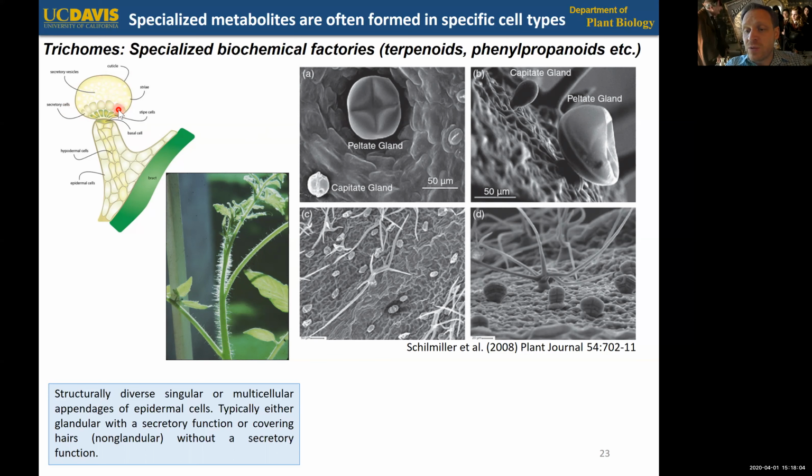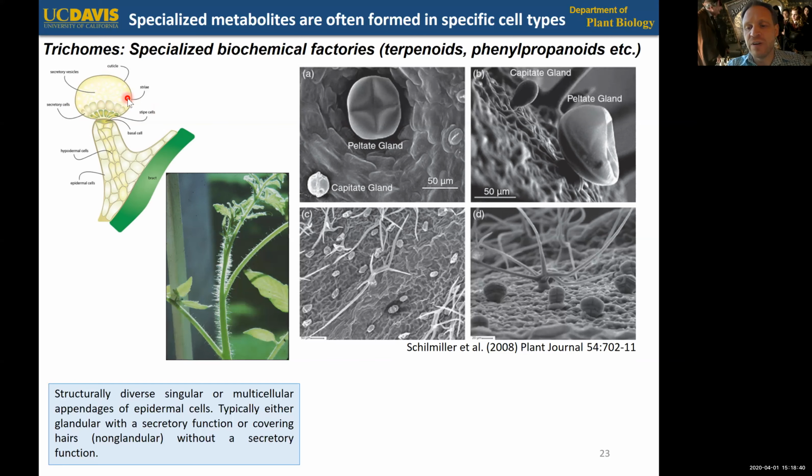This allows the plant to do exactly these two things. It prevents autotoxicity because you're generating these compounds away from the major leaf cells, in the specific organ. And it forms a barrier of defense, because you can easily imagine that if an herbivore attacks this plant, you can see all these trichomes here on the stem of this plant, which looks like a tomato, it will touch these trichomes, and then this secretory vesicle would break off and release the toxic compounds.